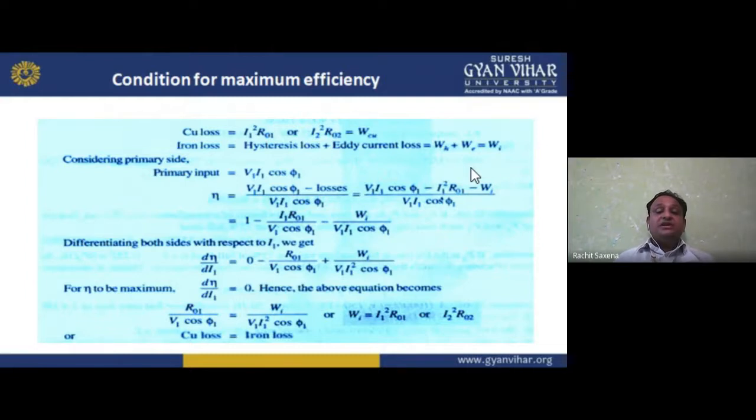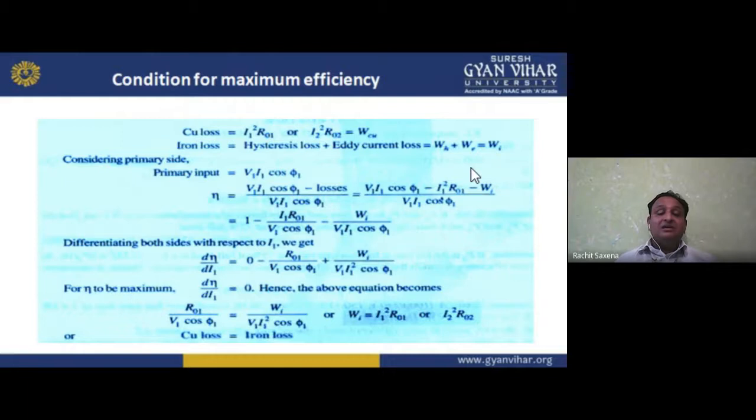Differentiating both sides with respect to I1, we get d eta by d I1, and the constant 1 gives 0. So R01 upon V1 cos phi 1 minus W_i upon V1 I1 square cos phi 1. So for maximum efficiency we put d eta by d I1 equal to 0. From this I am getting two things equal, that is the copper loss, the R01 component, and the iron loss, the W_i component.